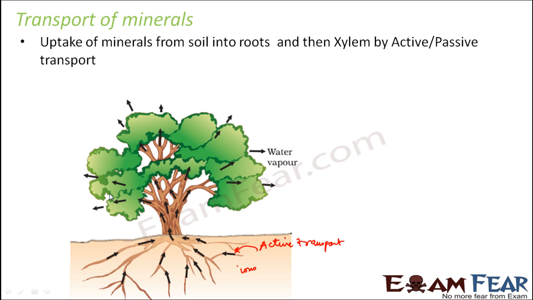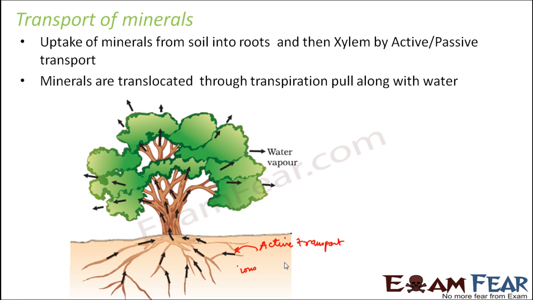So the catch is only for the uptake of minerals. The uptake of minerals will happen by active transport if the concentration of the minerals in the soil is less than that in the roots. It will happen by facilitated diffusion if the concentration in the soil is greater and the mineral can move across the concentration gradient.